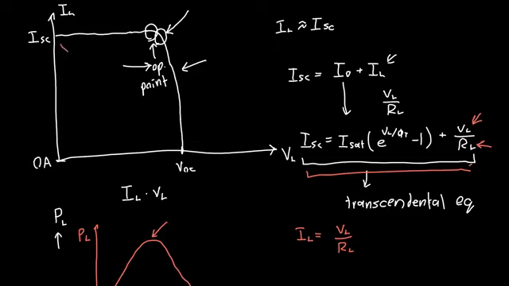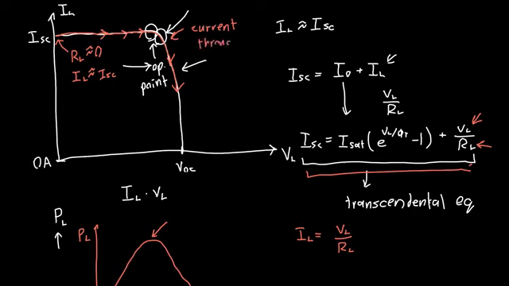When our resistor is very small, when RL is approximately 0, then our load current is very close to the short circuit current. As we slowly start to increase RL, we're increasing the voltage drop across it until eventually the voltage drop is so large that current starts to flow through the diode.